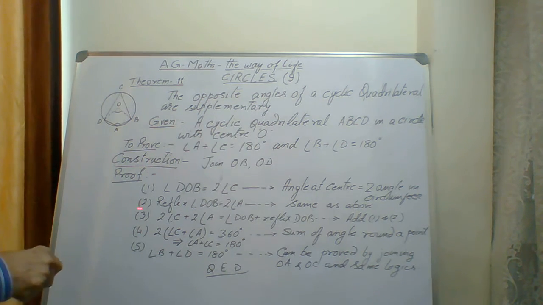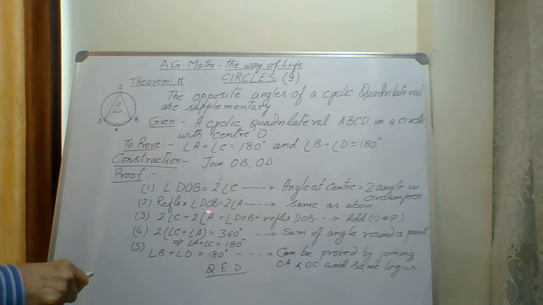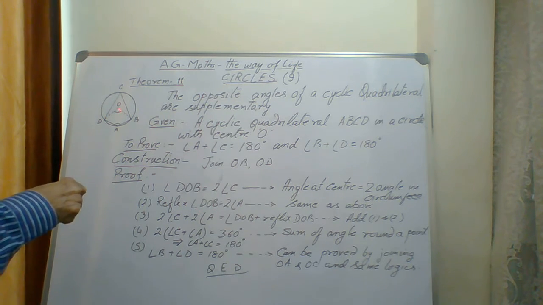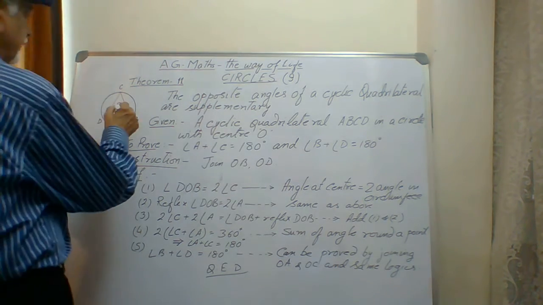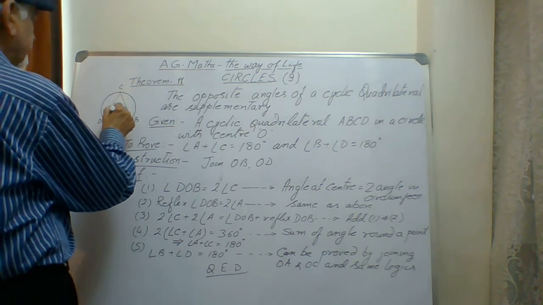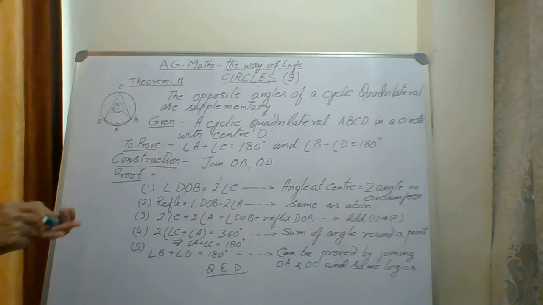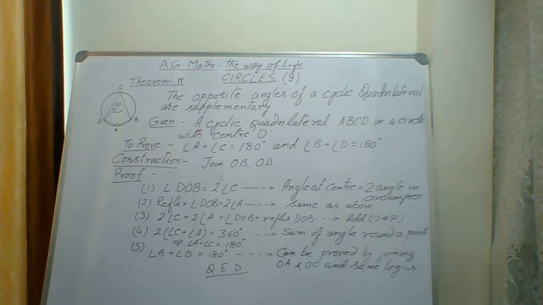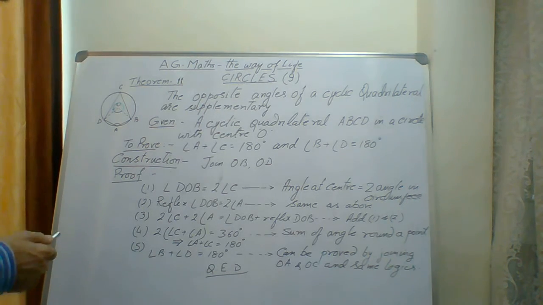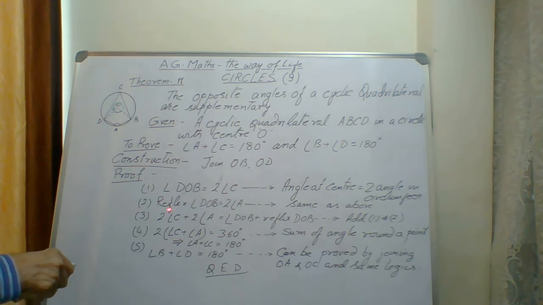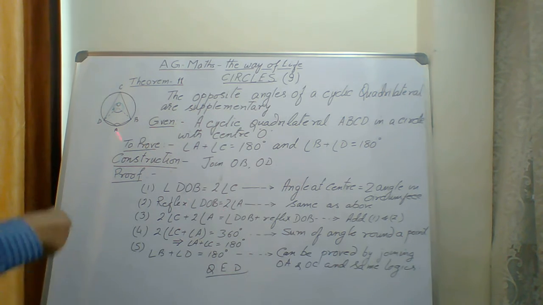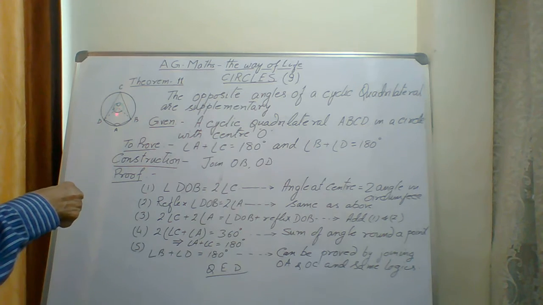Second reasoning I am giving: the reflex angle DOB. DOB is the original angle, and the reflex angle is on the opposite side of the DOB. DOB reflex is that angle which is on the other side of this original angle. So the reflex angle DOB should also be equal to twice the angle in the opposite segment, which is here, DAB.